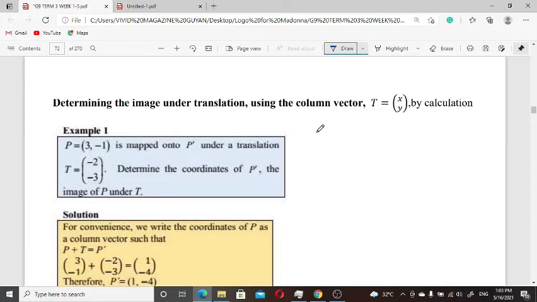So the instruction given is determine the image under translation using the column vector T, x, y by calculation. So what I'm about to show you is what you can do, or what I'm going to say you should do, is have object plus translation equals the image.